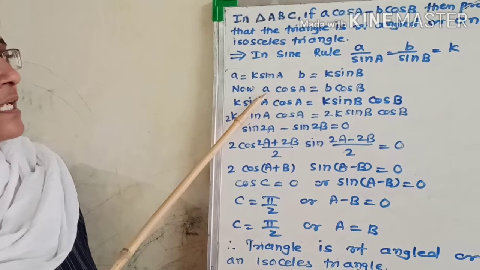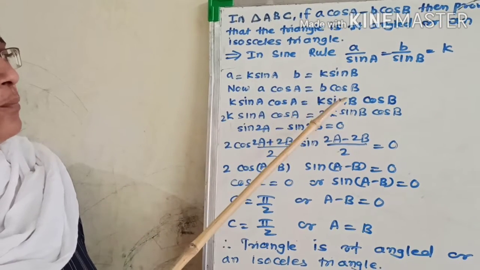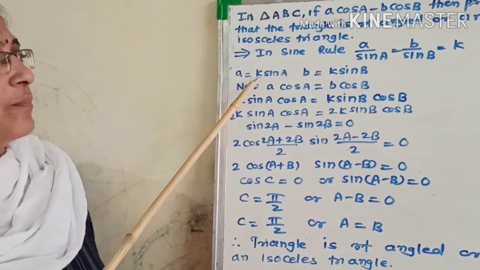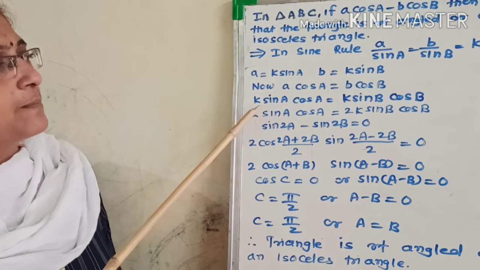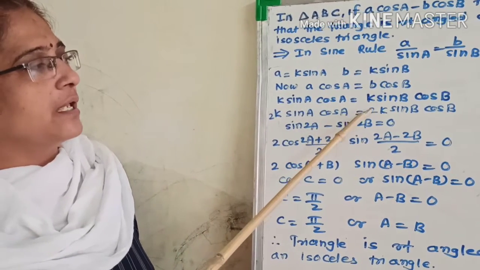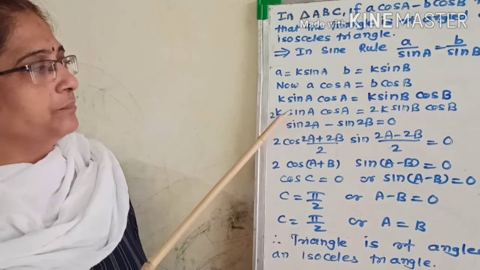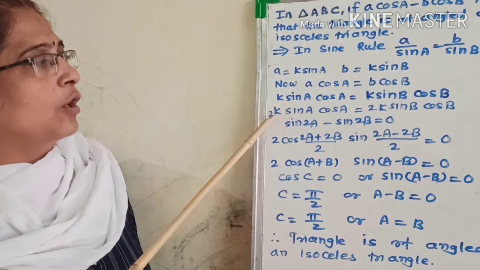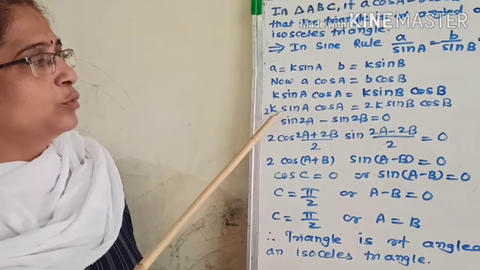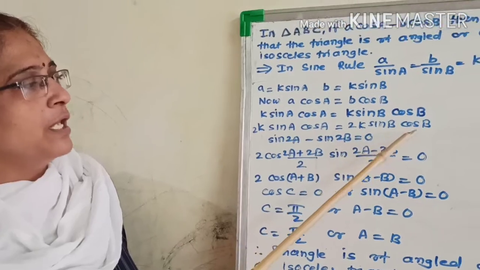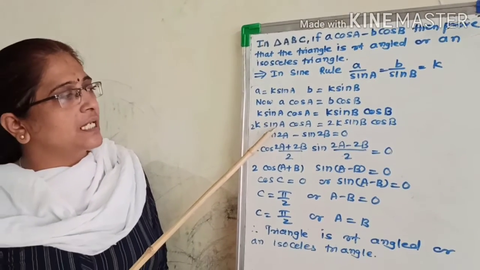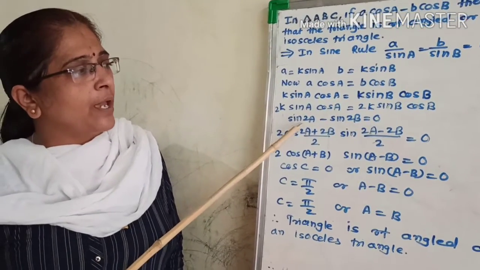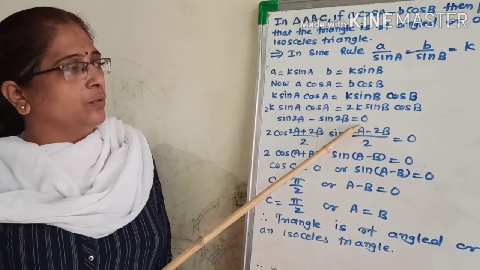So this can be written as a cos A equal to b cos B. Using the sine rule, putting the value of a, what is the value of a? k sin A. So small a is replaced by k sin A into cos A, equal to k sin B into cos B. Here k cancels, or multiply both sides by 2: 2 sin A cos A equals 2 sin B cos B. Therefore sin 2A is equal to sin 2B, and this can be written as sin 2A minus sin 2B equal to 0.